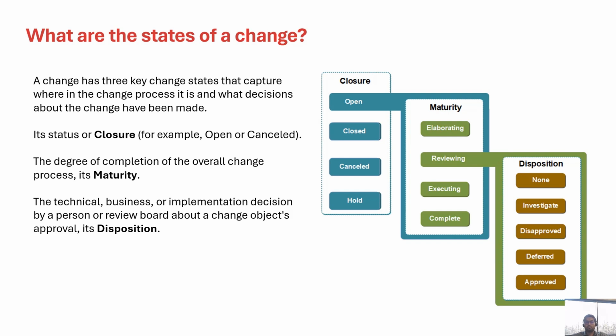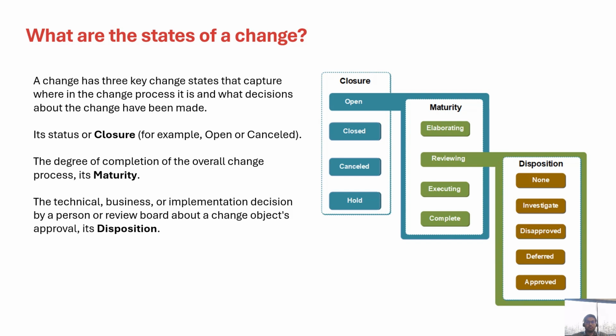And then we have the disposition. This is the decision made by a person or a group of persons whether the change is approved or not. It could be none, investigating, disapproved, deferred, or approved. So these stages are connected and depend on each other.